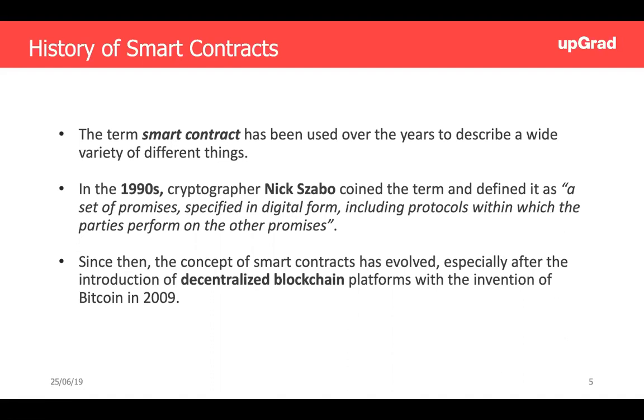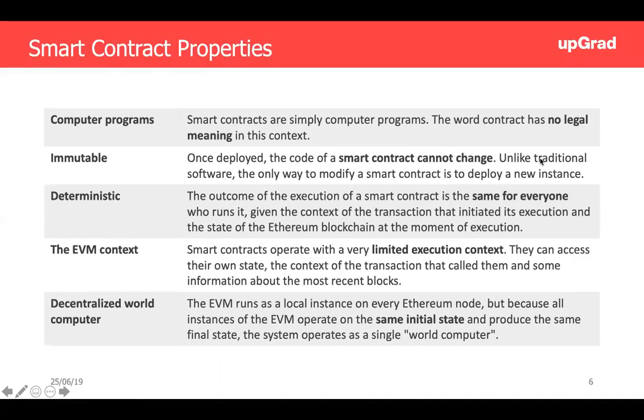The concept of smart contracts has existed for a long time. But one thing to remember is that the word contract has no legal meaning. They're simply software programs, simply computer programs. So there's no legal meaning to the idea of a smart contract.